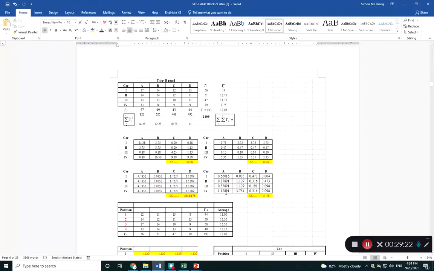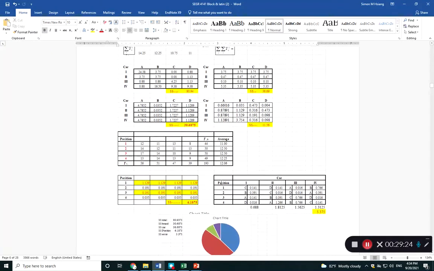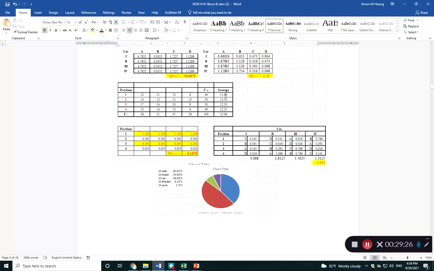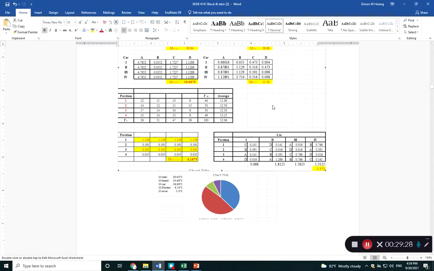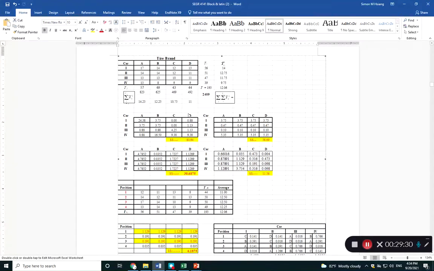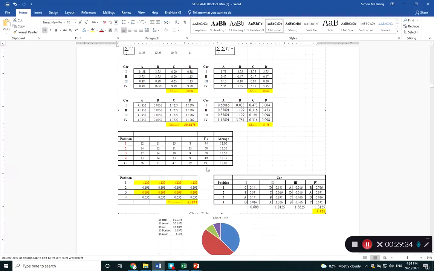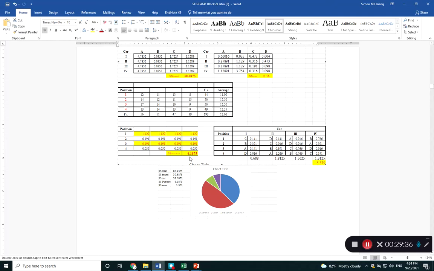Next, here is the way I redo this. You can calculate the total sum of square, the car sum of square, brand sum of square, and the position sum of square.